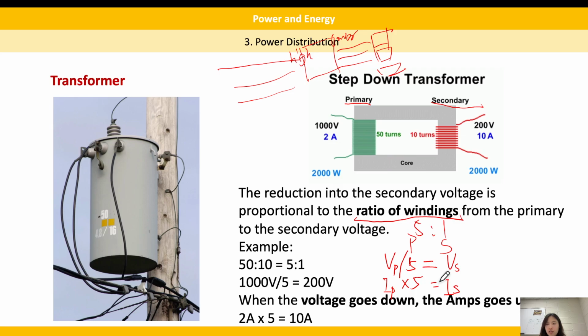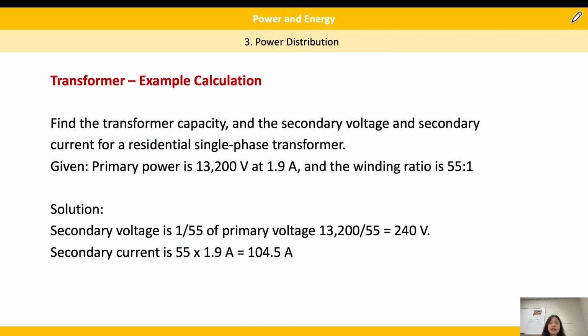As for step down transformers, let's see another example. Find the transformer capacity, the secondary voltage, and the secondary current for a residential single phase transformer. So we know the VP and IP, and residential is 55.